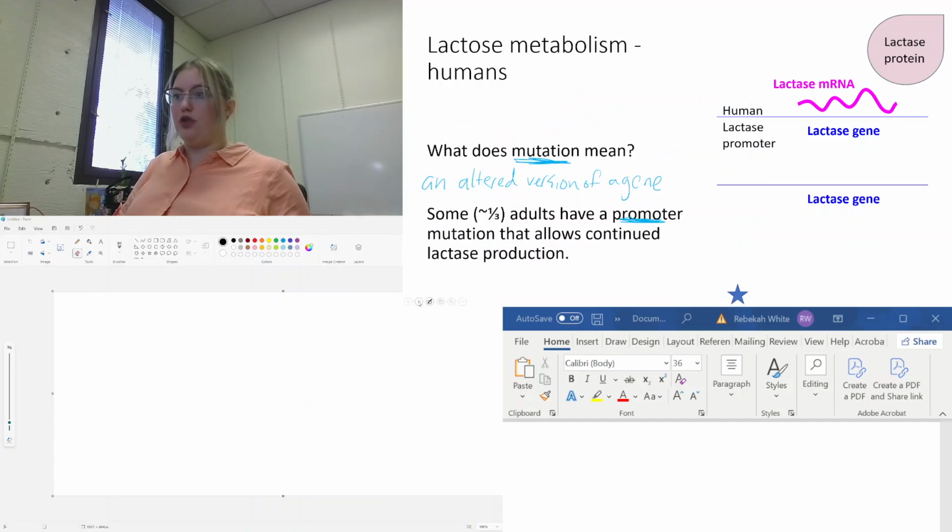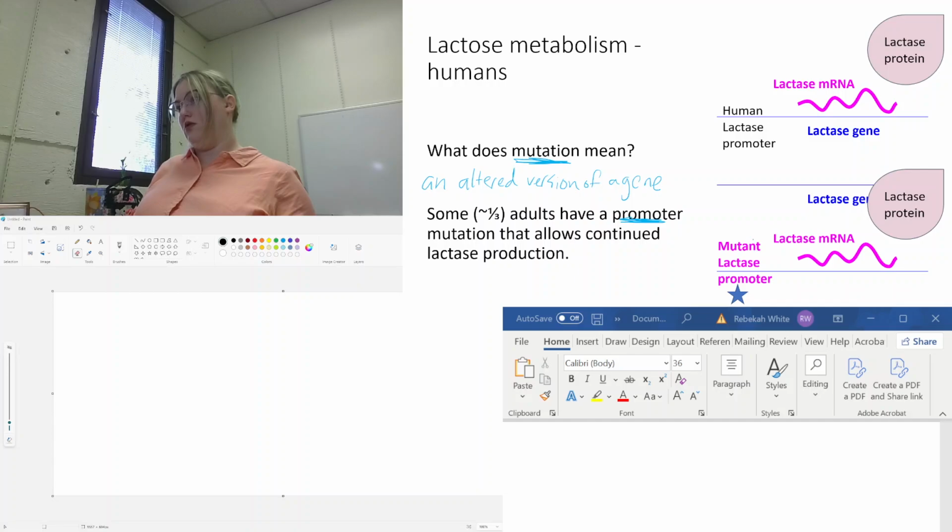In the mutant version of this gene, we have a mutant lactase promoter. This can continue in adults. So adults producing lactase. Okay?